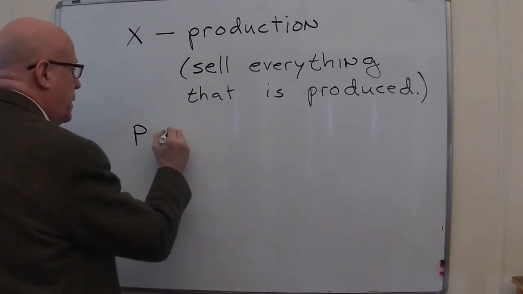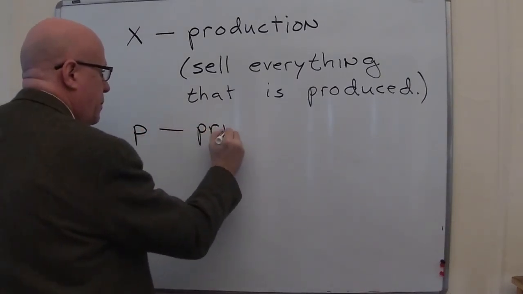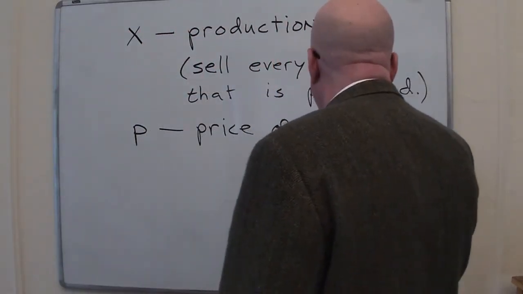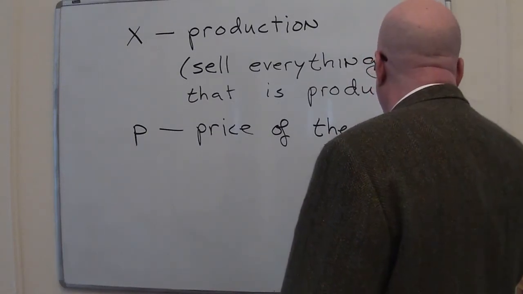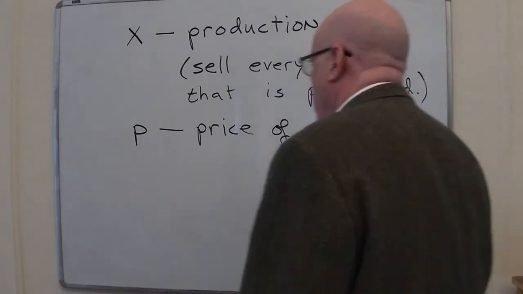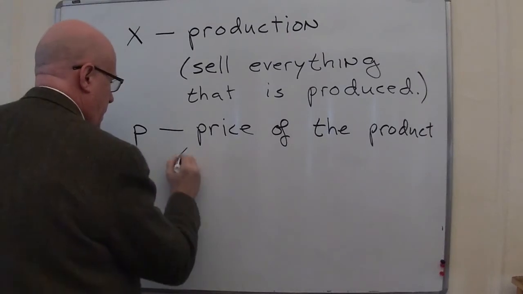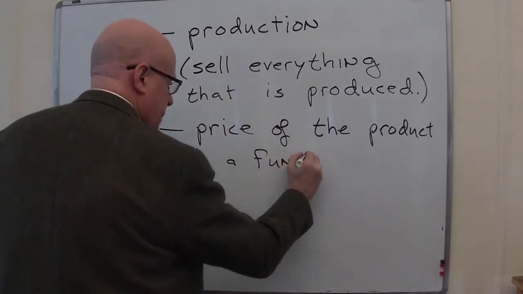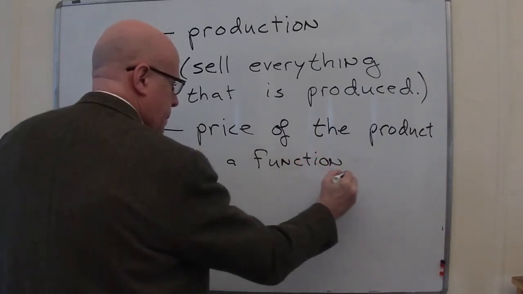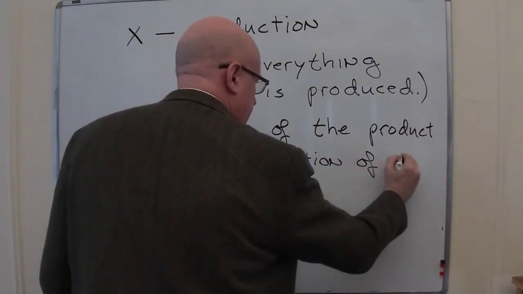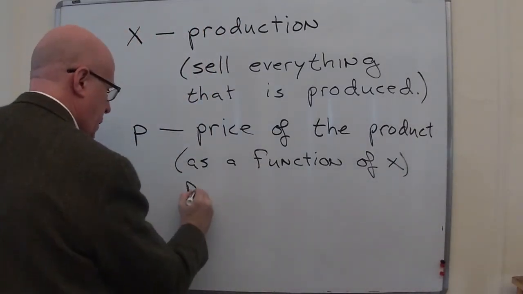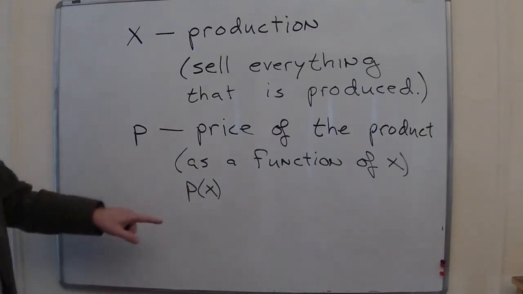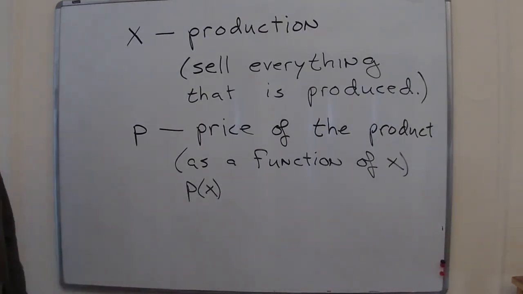So P is going to be the price of the things we're producing. And you're going to think about that price as a function of X. In other words, you have P of X. In reality, the functional relationship between these is reversed.